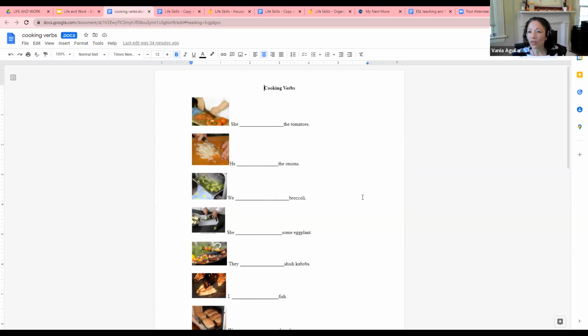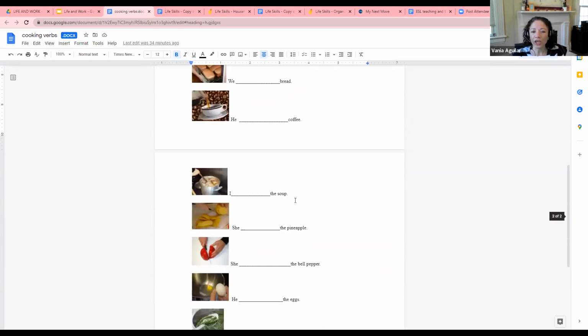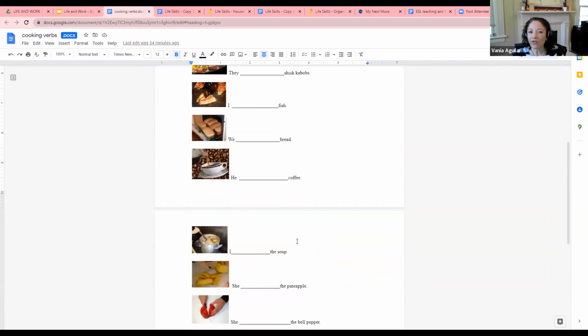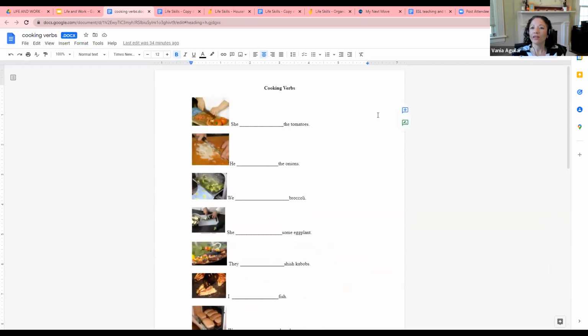For beginner students, I like to show them pictures. Many times, if you are not able to get them to understand the word, it's very easy to show them pictures. Most of the time we have access to online resources right at our fingertips. You can pull up Google Images and all of that.